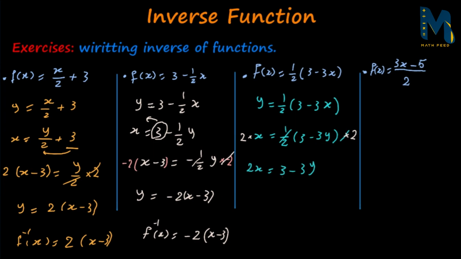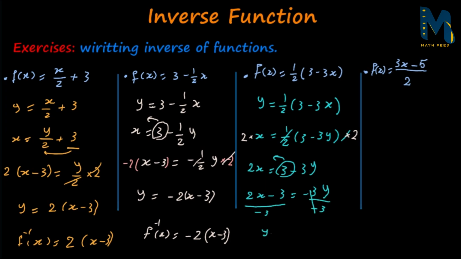Now simply we move 3 to the other side. It will be 2x minus 3 equals negative 3y. These two will cancel. We will get y equals, we can rewrite like this, 2 over negative 3 x, and negative 3 over negative 3, it will be positive 1.